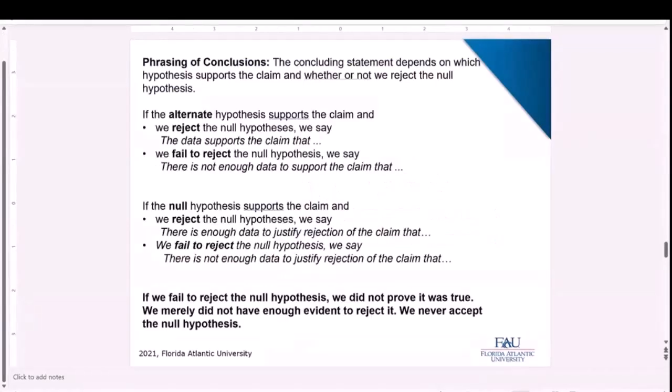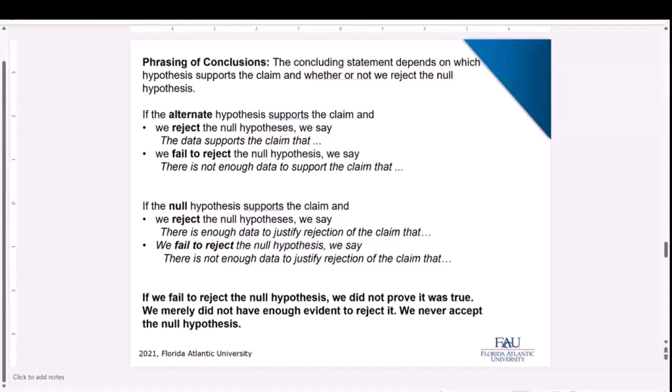Now I want to go through the phrasing of different conclusions. The concluding statement depends on which hypothesis supports the claim and whether or not we reject the null hypothesis. Remember, we saw two different things, one where the null hypothesis included the claim, one where the alternative hypothesis contained the claim.